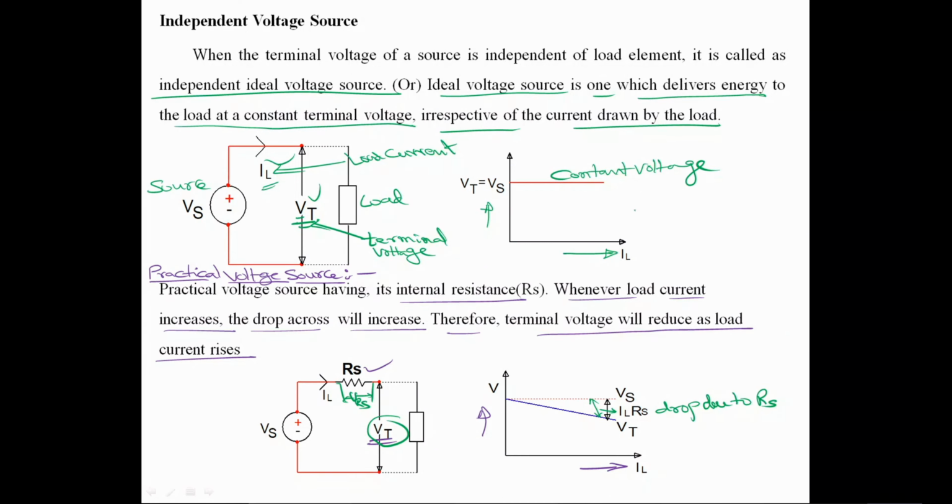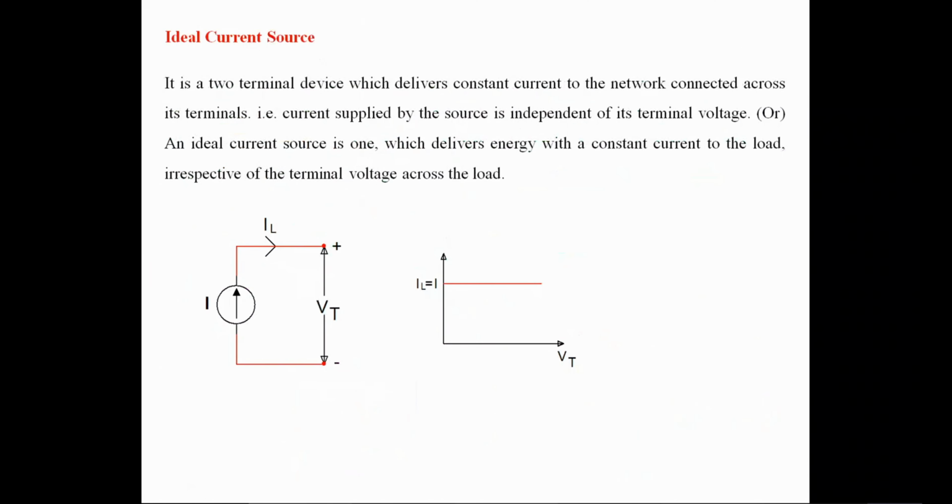Ideal voltage source లో కాన్స్టెంట్‌గా ఉంటుంది, లోడ్ కరెంట్ ఎంత పెరుగుతున్నా కూడా. But in a practical voltage source, because of the existence of the internal resistance, the voltage will decrease. And this decrease in voltage from the source voltage is due to the drop across RS, internal resistance. So this is about the voltage source.